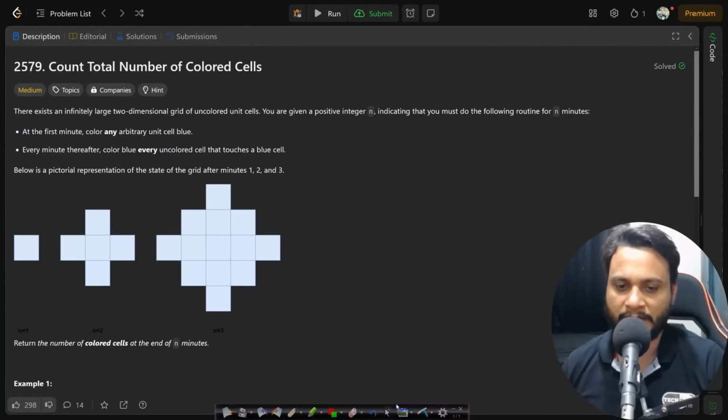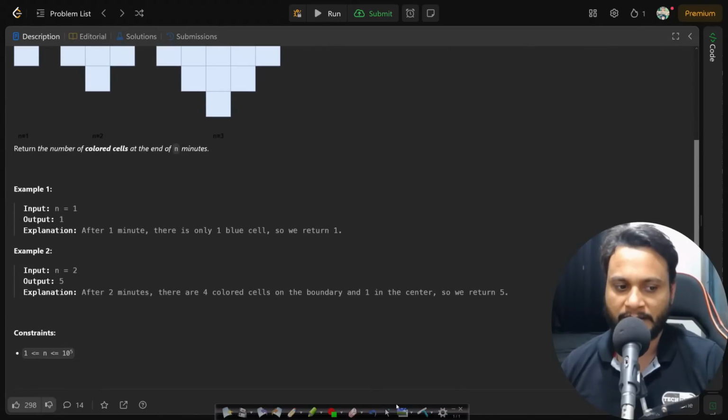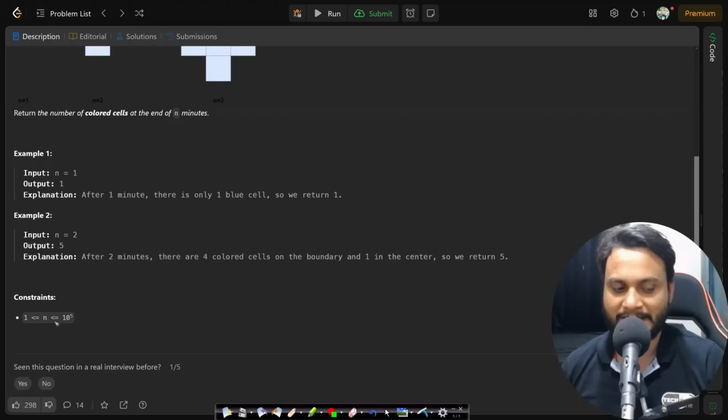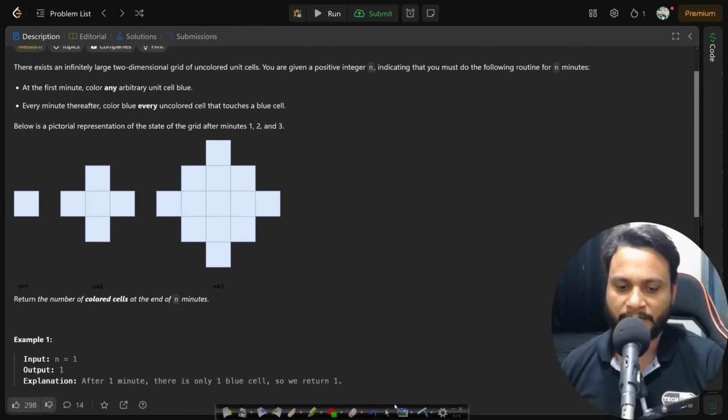Now just by looking at the problem and the constraint, in this case the constraint says n is less than or equal to 10 to the power of 5. You may think it is a BFS problem, a breadth first search. But you should notice that if n equals 10 to the power of 5, you cannot simply apply BFS and hope to solve it in order of n time.